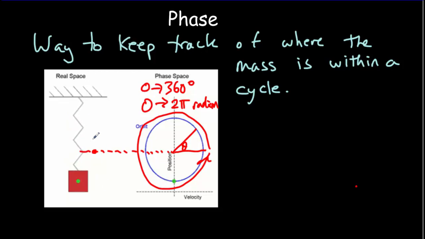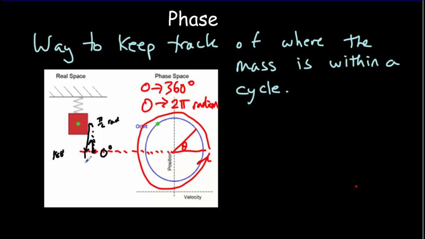So we might describe its phase as being 0 degrees when it's at the equilibrium position and heading upwards. When it reached the end point, it would have gone through a quarter of a cycle. And so we'd call that pi over 2 radians, or 90 degrees. Then it would continue on its cycle, complete another quarter cycle, and we'd call this point in the cycle pi radians, or 180 degrees.